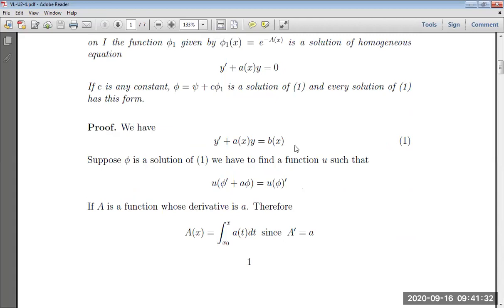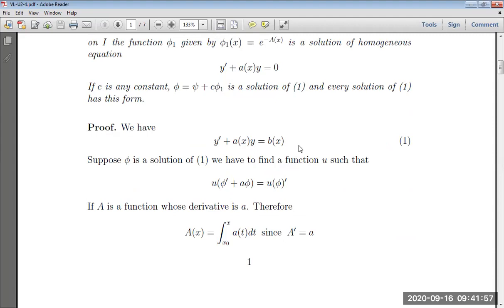And now we suppose that phi is a solution of equation 1. So what does it mean? By definition, the function phi satisfies the general linear differential equation 1. It means phi dash plus a of x into phi is equal to b of x.